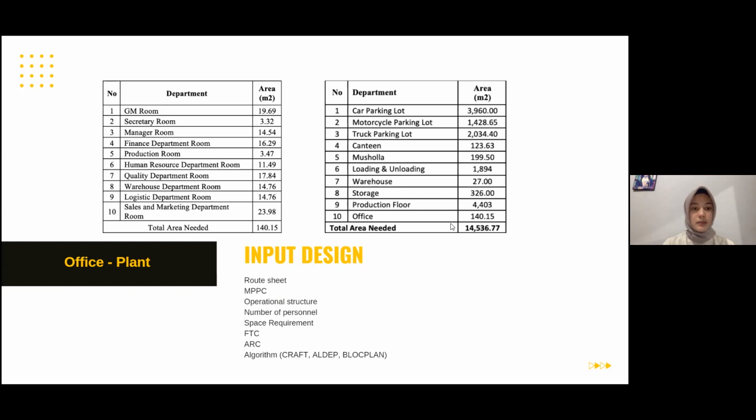As we can see in the picture, the total area needed for the office is 140.15 square meter, while for the plant it is 14,536.77 square meter. The office consists of 10 departments, and the plant also has 10 departments. This information will be used to generate layout in Block Plan and ALDEP.